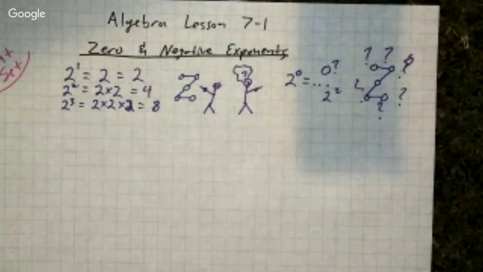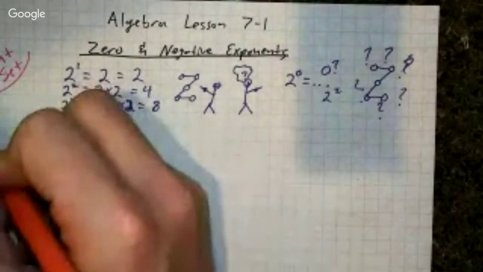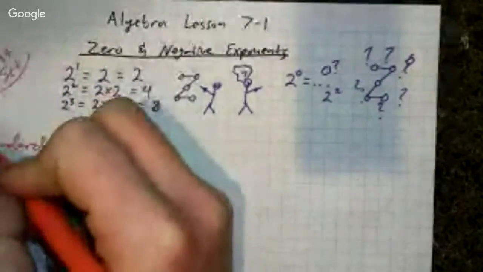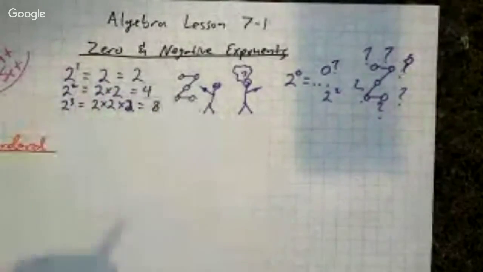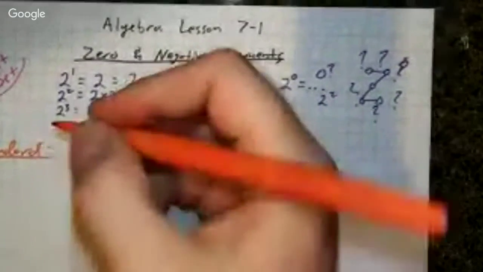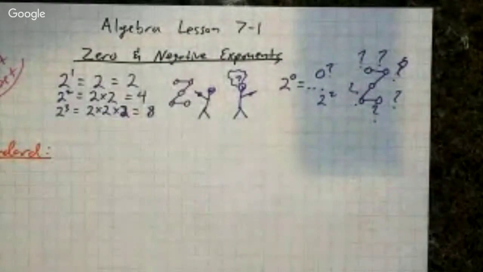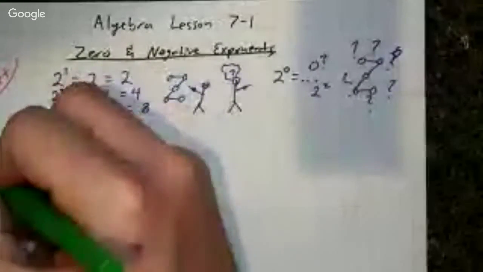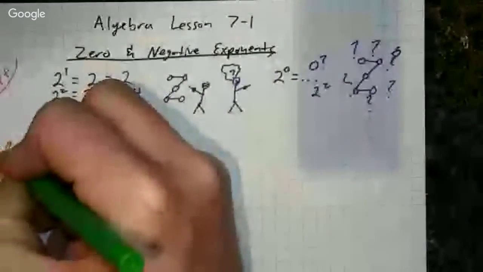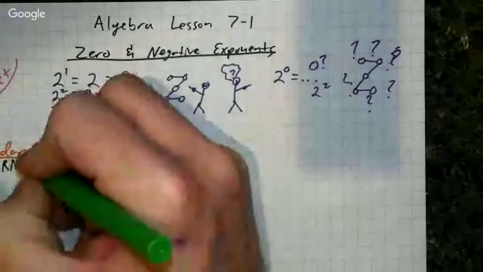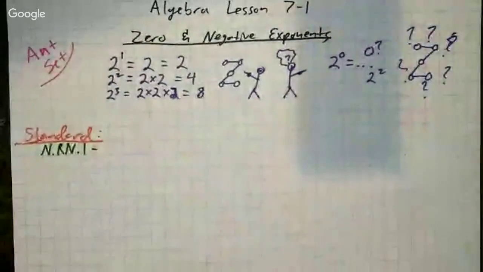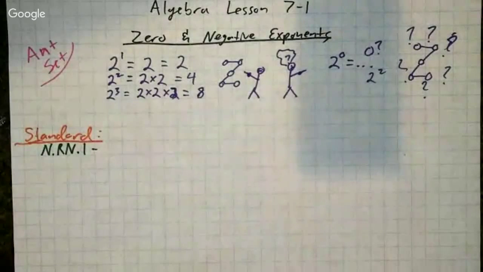So let's go ahead and take a look at our standard for today. And our standard for today, we have 2 of them. The first one is going to be N.RN.1.